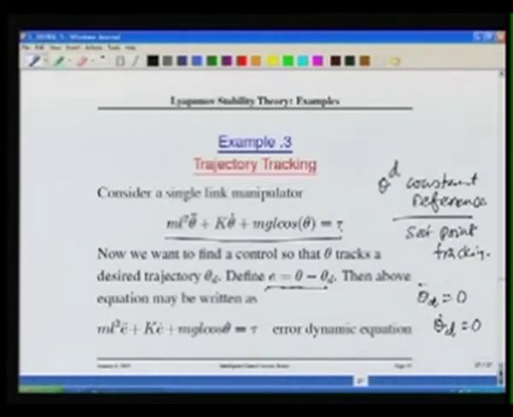So, I subtract here theta double dot d and here theta dot d, because this is 0, this is 0. So, my dynamics remains unchanged, but this gives me an error dynamics where ml square E double dot plus k E dot plus mgl cos theta equal to tau.